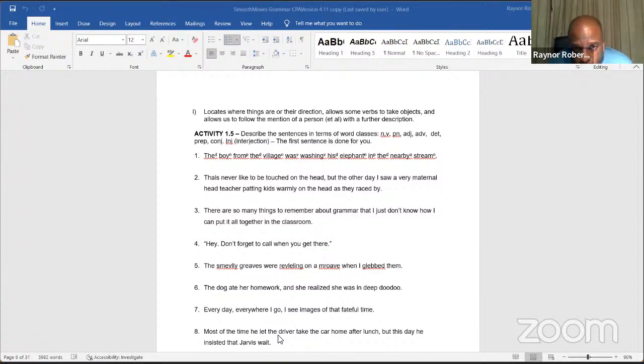On the head. The is the determiner. Head is the noun. But is the conjunction. The is a determiner. Other would be an adjective.